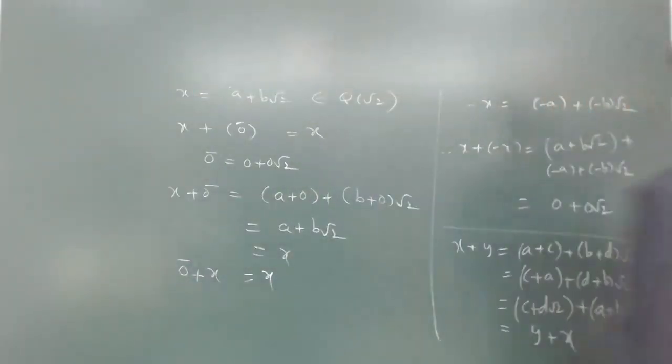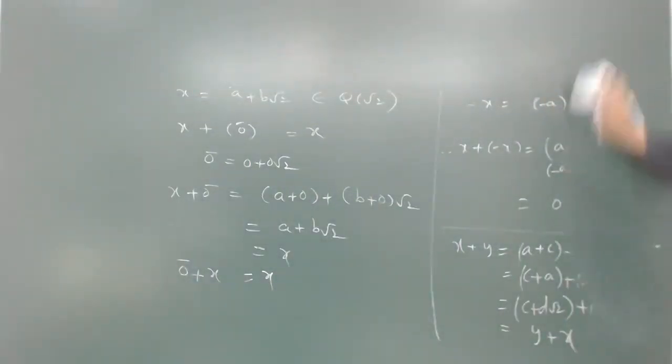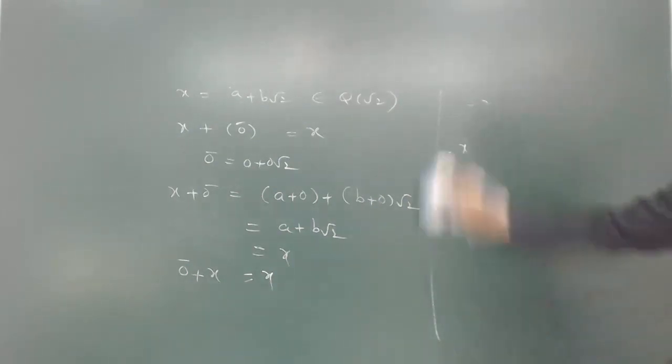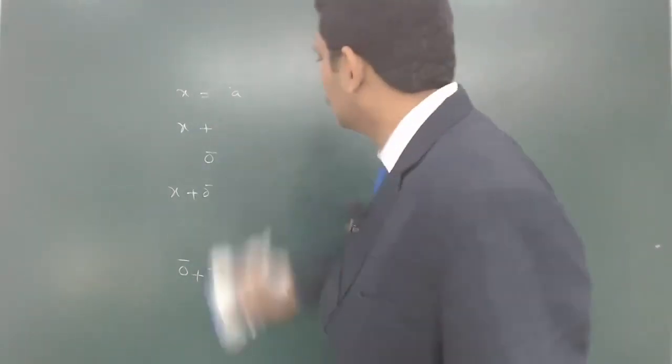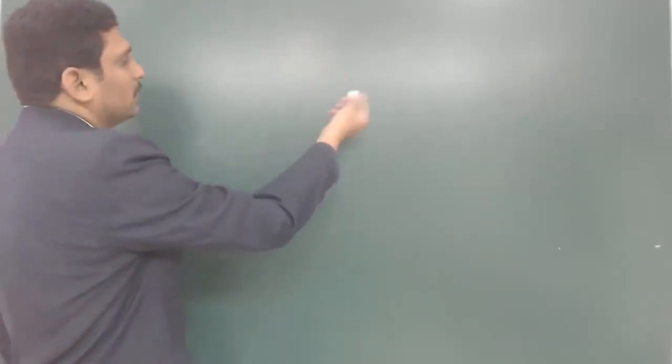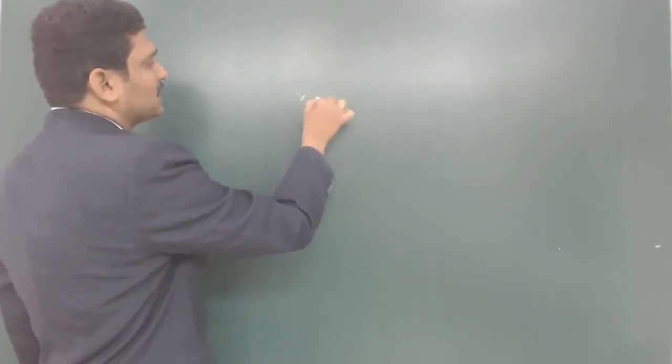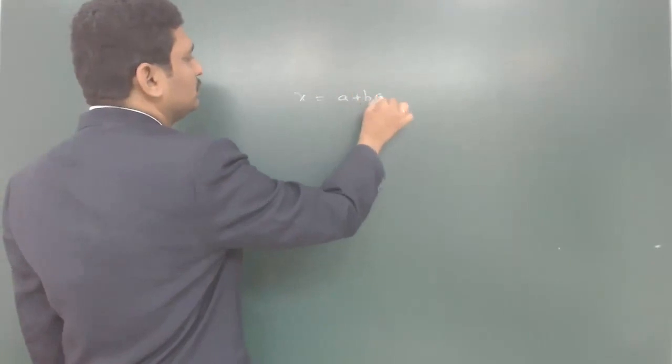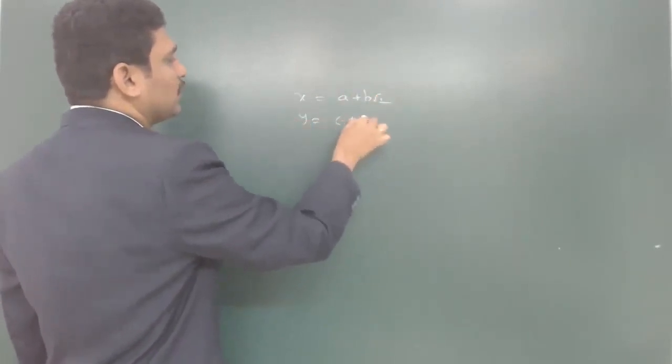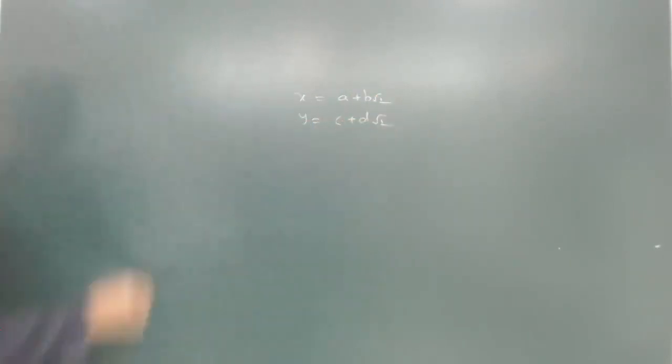Now I want to show that with respect to the second operation, that is multiplication, this set satisfies the 5 properties. So if you take x equal to a plus b root 2, y equal to c plus d root 2, you consider x dot y. So I am verifying closure law with respect to the multiplication here.